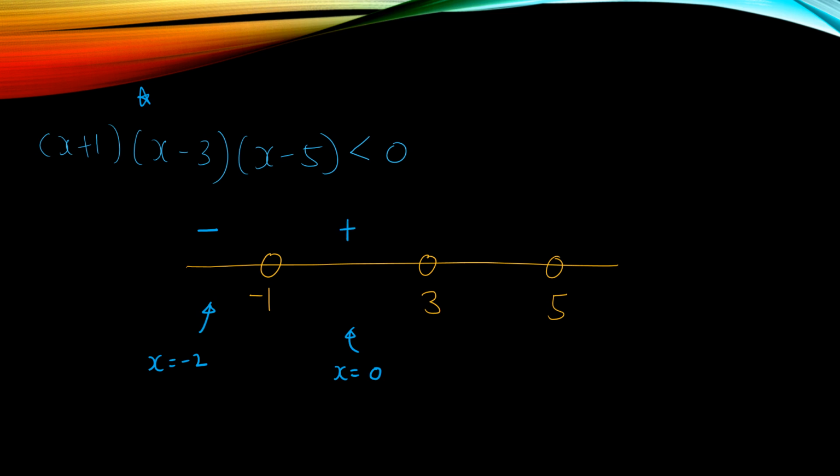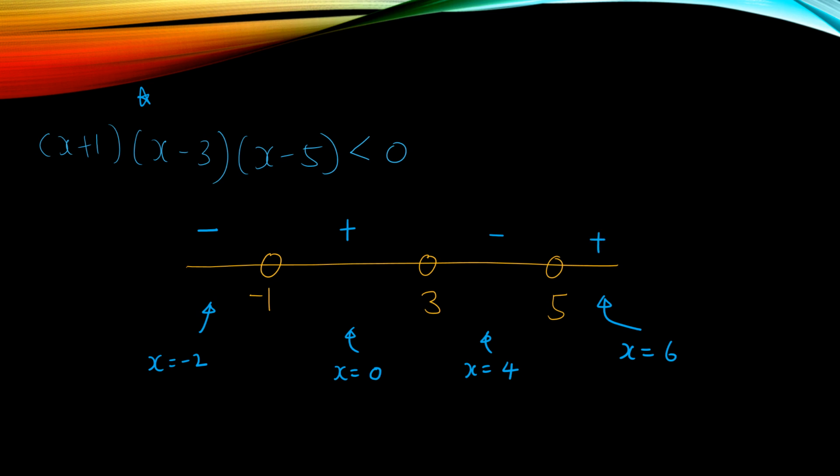And then between 3 and 5, we can sub in x equals 4. And you can again use a calculator to show that it's a negative value, so we put a negative sign. And finally, for the last subinterval, we choose a value greater than 5, so we can say x equals 6. And you can again use a calculator to see that you will get a positive value.